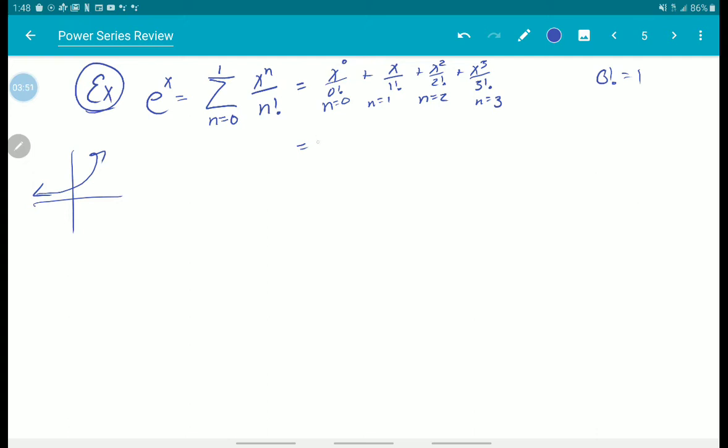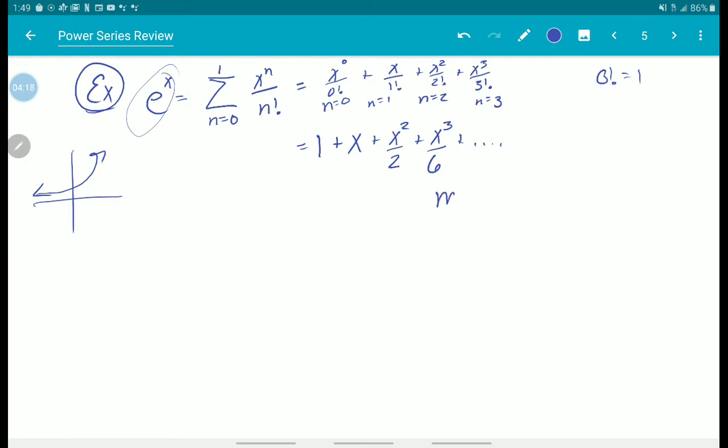And we know x to the 0 is 1, so that first term is just 1. And then we have x over 1 factorial, which is x. And then we have x squared over 2 factorial, which is 2. We have x cubed over 3 factorial, which is 6, and so on. So what a Taylor or a Maclaurin polynomial does is it models the behavior of this function at wherever that center is.